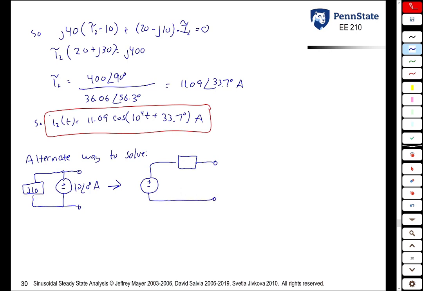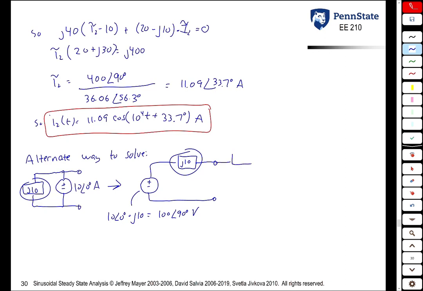It's going to be 10 at an angle of 0 times J10, and we get 100 at an angle of 90 degrees volts. And the series impedance is the same as the parallel impedance. When you do a source transformation, whatever impedance you have here shows up there. Now we can stick that back into the original circuit.